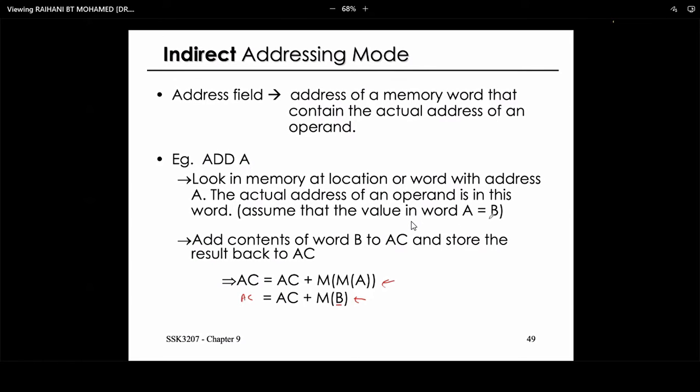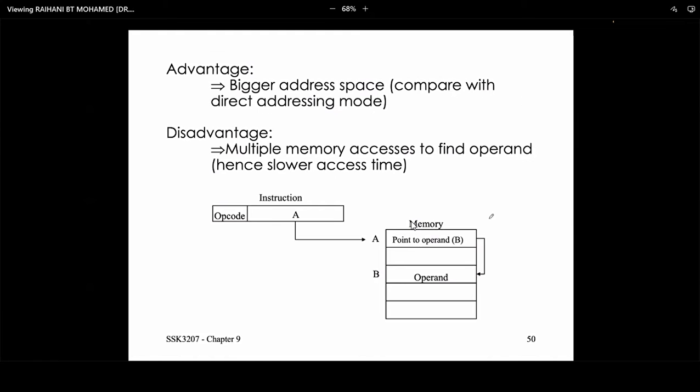So we look into the advantage: it has a bigger address space compared with direct addressing mode. But the disadvantage here is multiple memory accesses to find operands, hence lower access time.